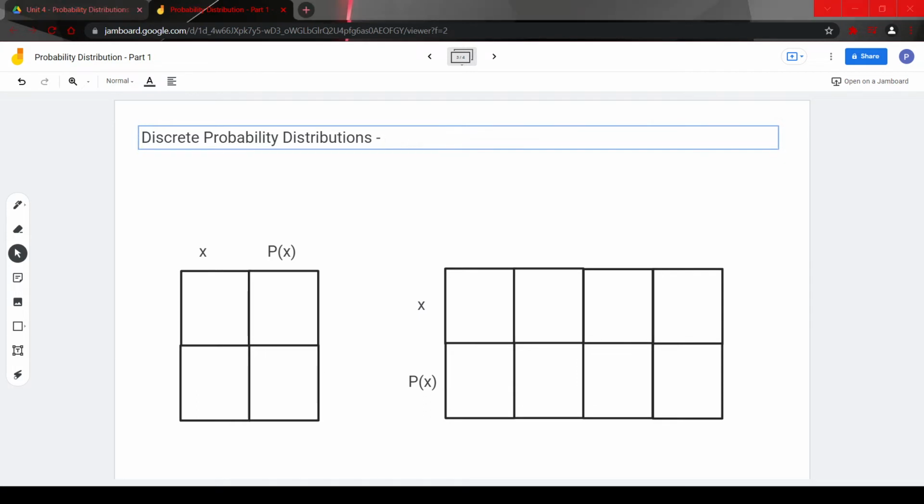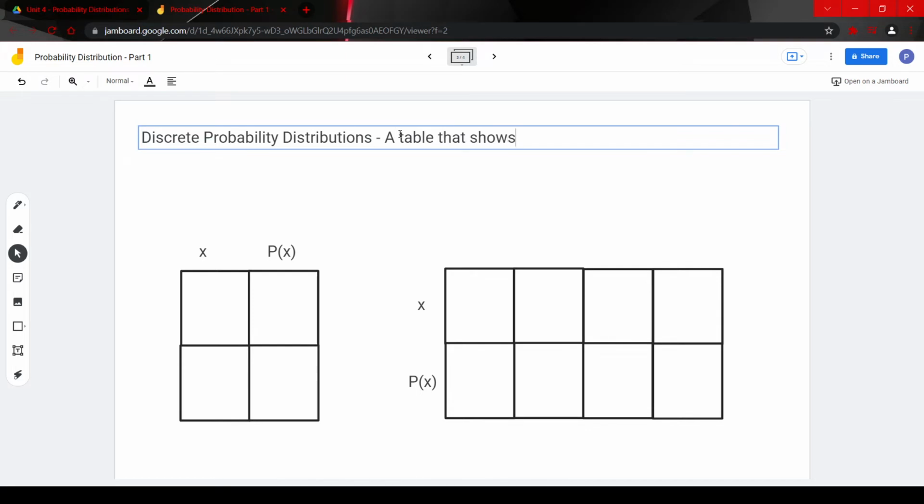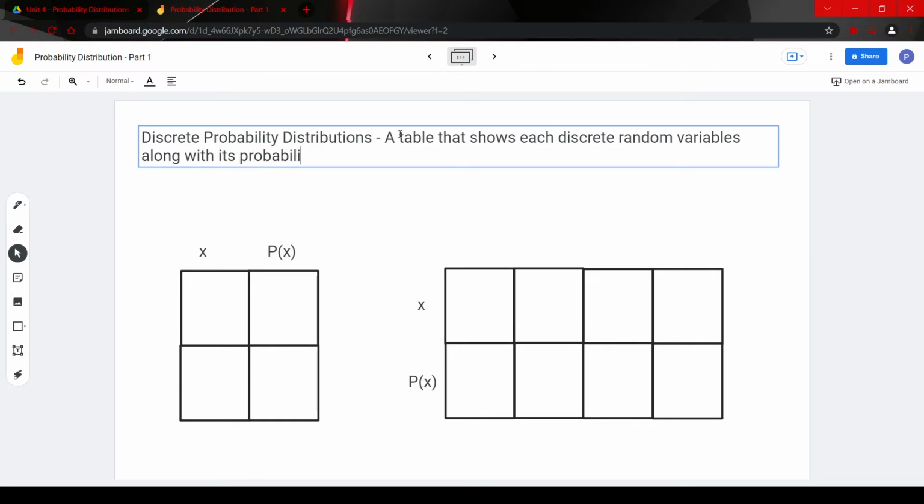A discrete probability distribution is a table that shows each discrete random variable along with its probability. It has to have both the random variables and its probability, right?